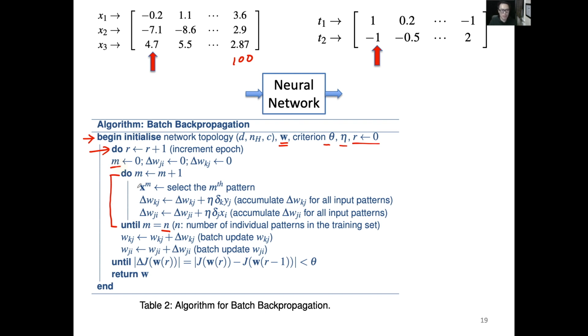We set up a local counter m that is 0, and set up another two variables, delta wji and delta wkj, that are 0. So when we first enter this line, these two values will be 0, and the counter will become 1 according to this increment.